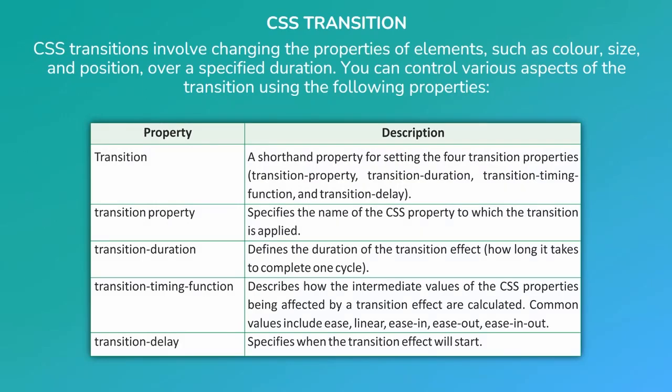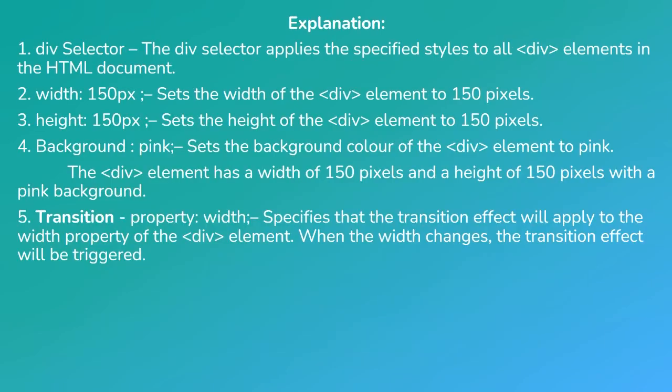CSS transition. CSS transitions involve changing the properties of elements, such as color, size, and position, over a specified duration. You can control various aspects of the transition using the following properties. Explanation. 1. Div selector. The div selector applies the specified styles to all div elements in the HTML document. 2. Width 150px sets the width of the element to 150 pixels. 3.